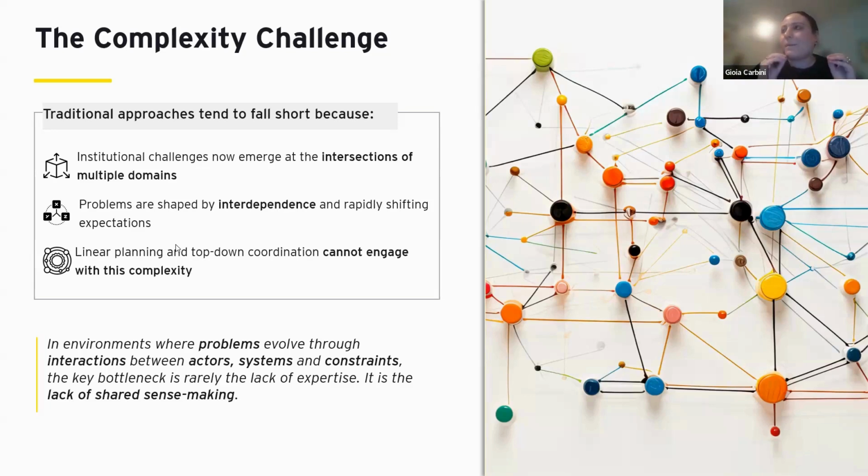Organizations are discovering that the challenges they face cannot be planned so much in advance, cannot be dealt with in a siloed experience, and cannot be dealt with through just top-down coordination.